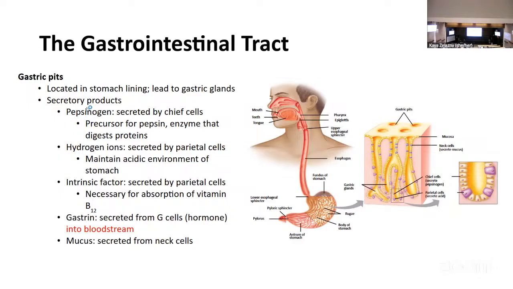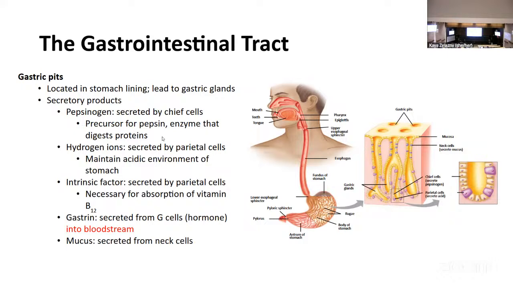And we can also notice that pepsin, or this pep beginning, looks a lot like peptide, right? Or polypeptides, those long chains of amino acids that fold into proteins. So pepsinogen is this inactive enzyme that's ultimately going to help us break down proteins. That's how it gets its name. Okay. So that's coming from our chief cells. So the chief is in charge of breaking down proteins.